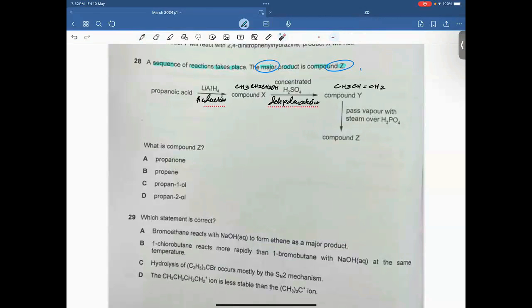And when propene reacts with steam over phosphoric acid, obviously propan-2-ol is formed, along with propan-1-ol. And propan-1-ol is formed through 1 degree carbocation.